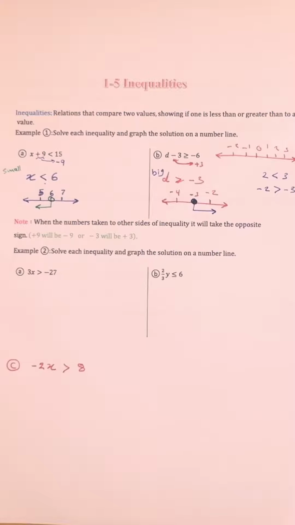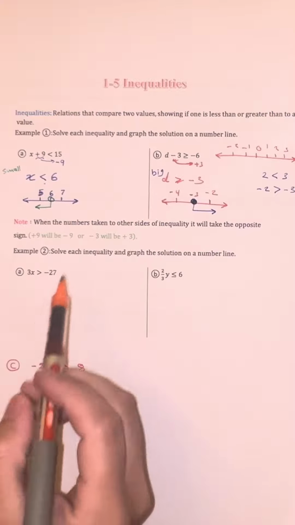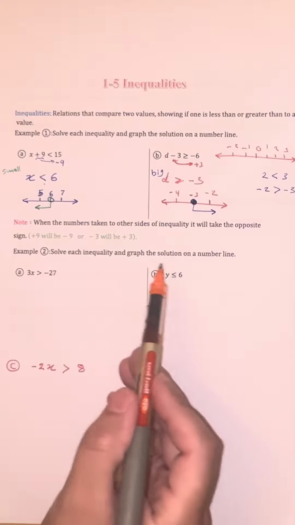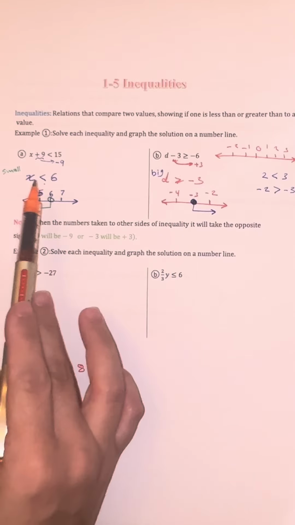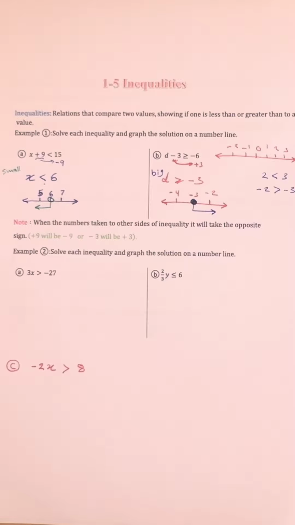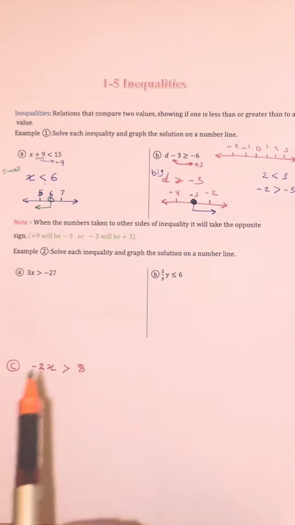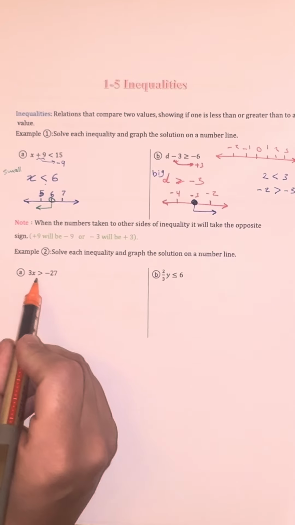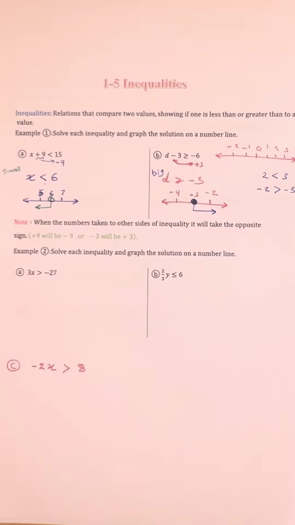Example 2, solve each inequality and graph the solution. In those two questions, we had a number added to or subtracted from a variable. But in this question we have multiplication. A is 3x less than negative 27.